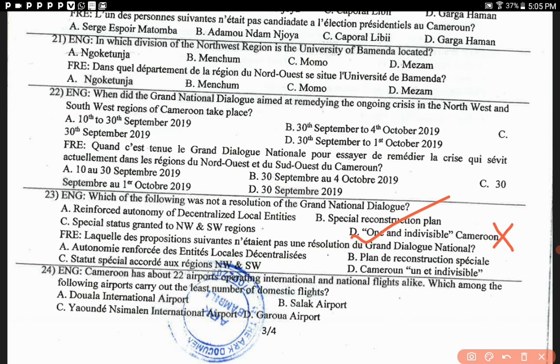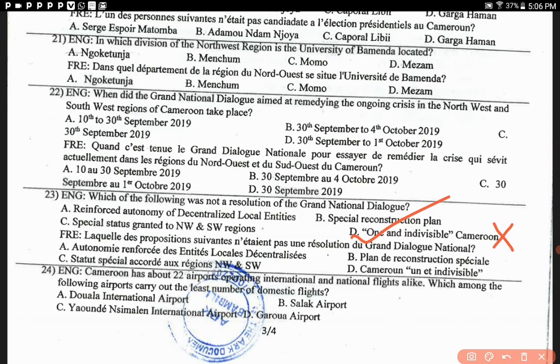Now, look at the phrase "one and indivisible Cameroon." It is a constitutional or political slogan, which is just a reaffirmation. It's not like Cameroon was not one and indivisible before the crisis. It was already one and indivisible, so it was not a resolution at the major national dialogue.